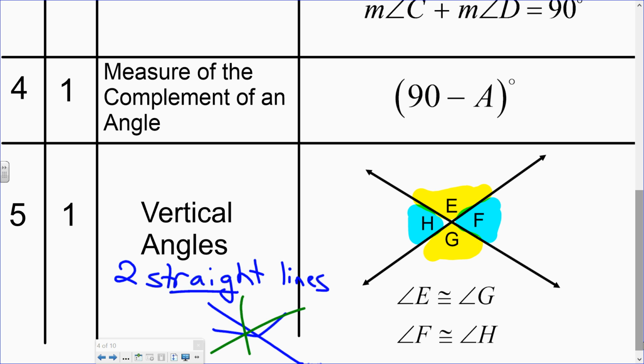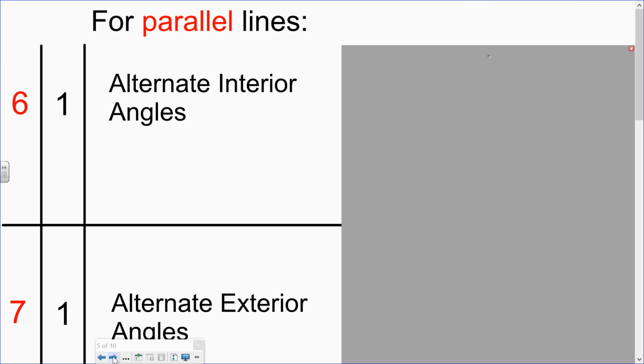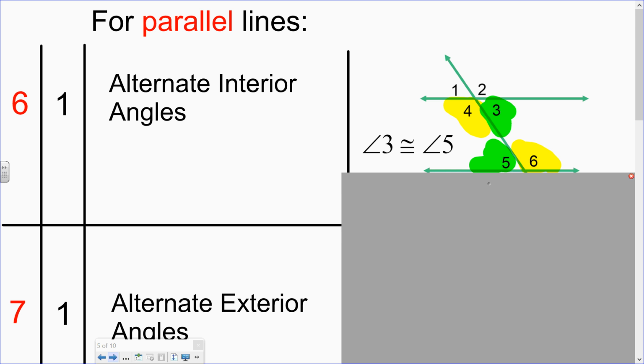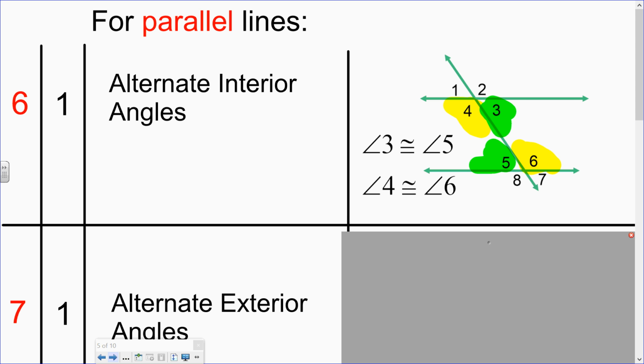You did some last year with a bunch of parallel lines, and so we're next going to review what happens with parallel lines. So what we're talking about when we talk about congruent angles with parallel lines is that we have two that are parallel. I can do that little arrow symbol to mark that they're parallel.